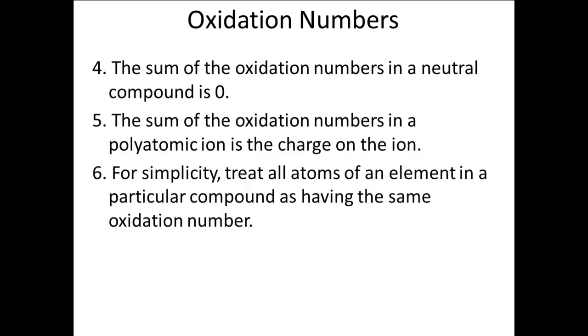Rule 6, treat all atoms of an element in a particular compound as having the same oxidation number. Rule 6 is designed to make life easier for us. All the atoms of an element in a particular compound have the same oxidation number, even if that means it has a fractional value.